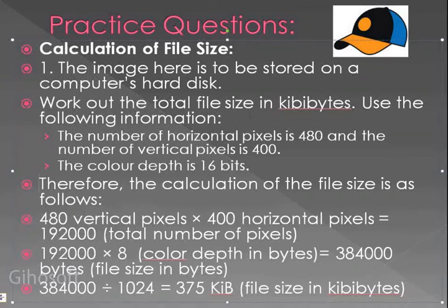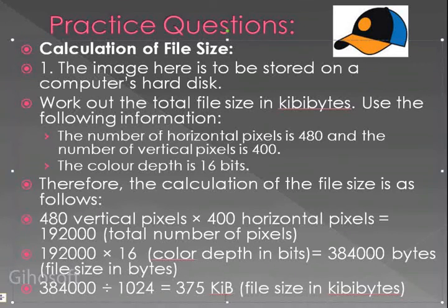And then we will multiply it with the color depth, and the color depth can either be in bits or bytes. Now if you would like to go ahead in bits, then you just write 16 as it is, but then you'll have to divide the answer in the next step by 8, because the examiner is never going to ask you to write the image size in bits.